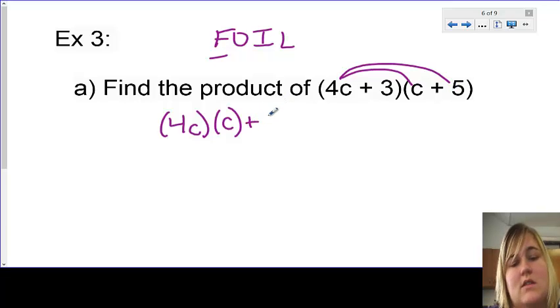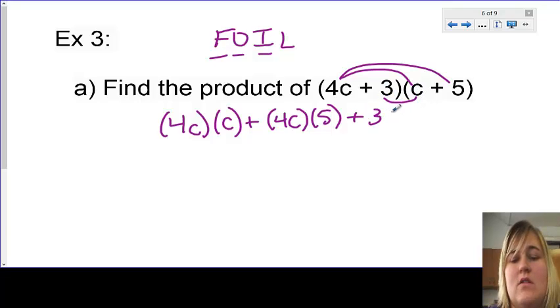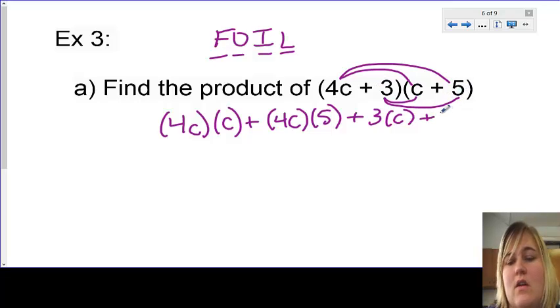So I have plus 4c times 5. So I'm done with the O. The I is for inner, so the inner two things. These are what's on the inside. So I have plus 3 times c. And finally I have last, which is the last in both, 3 times 5.